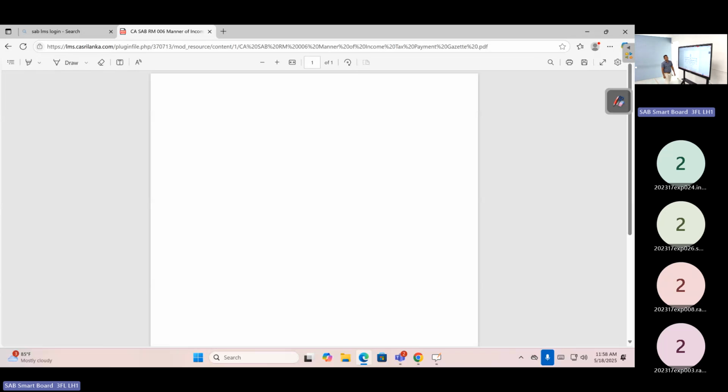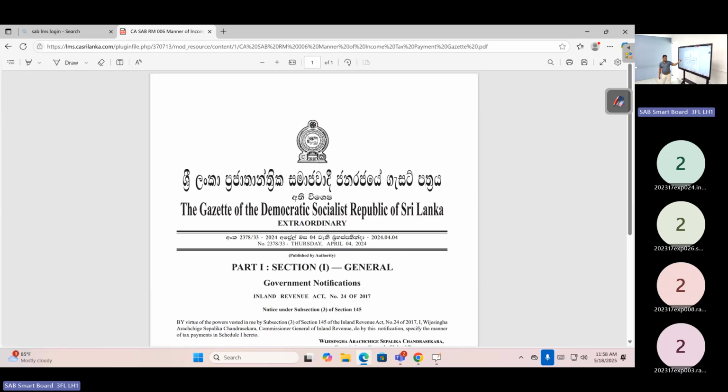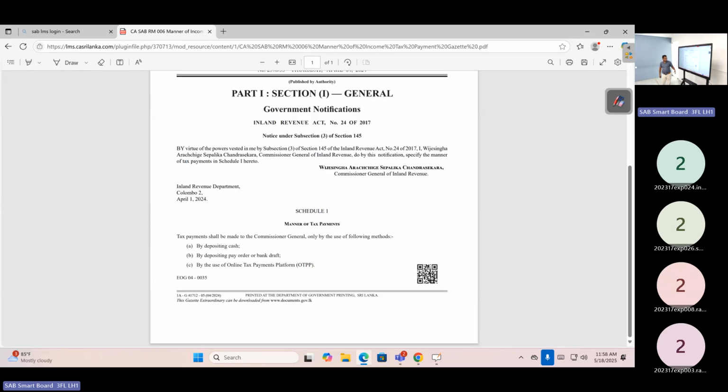Payment of tax, the mode of payment, it says this is applicable to income tax payment, including installment tax payment and withholding tax.